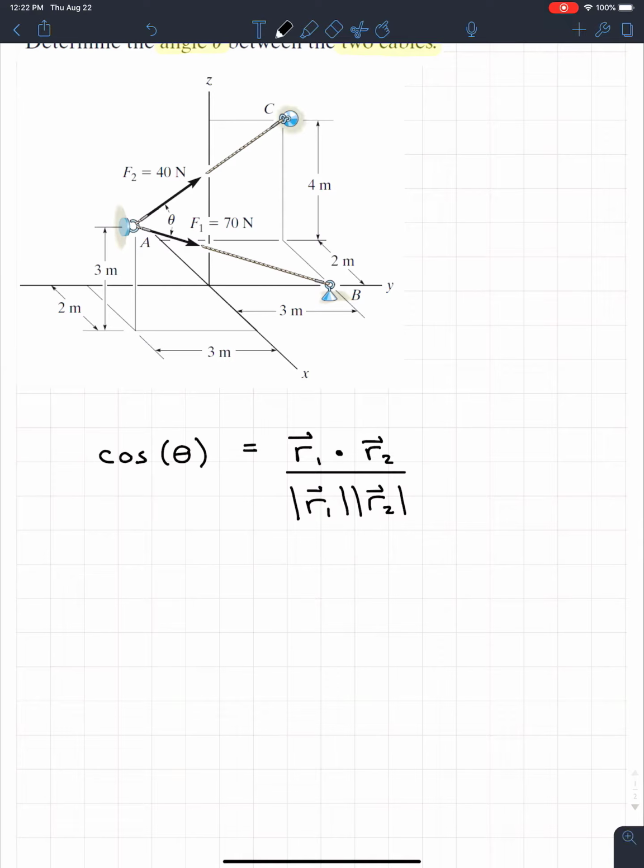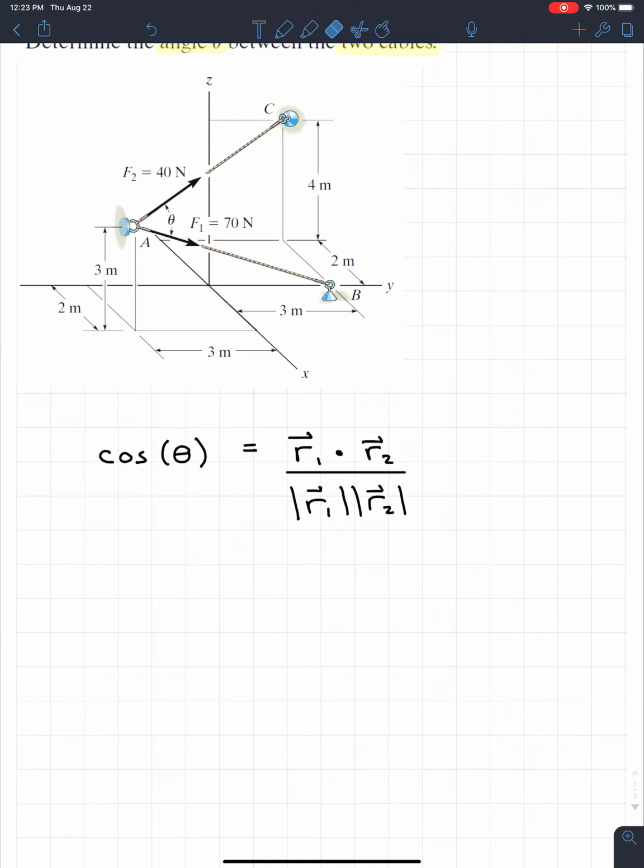Real quick before I begin, I just want to reiterate that these don't have to be position vectors. I drew the r as a position vector right now, but they could be force vectors or even unit vectors. The unit vectors are really nice because the magnitude of a unit vector is 1. So if this was a unit vector, we wouldn't have to worry about the bottom here. It would just be cosine of theta equals unit vector 1 dot unit vector 2, which is really nice.